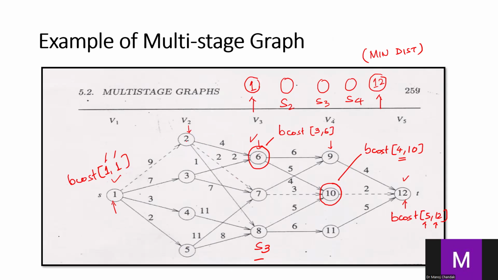Here I am taking all the possibilities, but not all of them will be used in the calculation, because you can see that vertex 4 is not connected to 6 and 5 is also not connected to 6. So there are only two possibilities: vertex 2 and vertex 3.